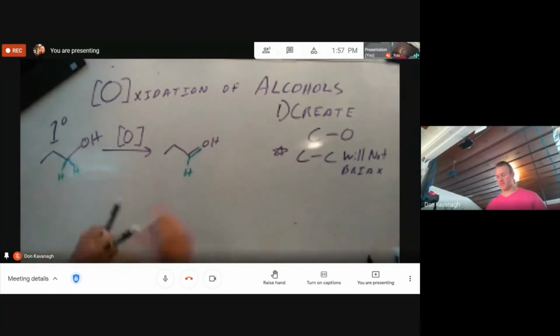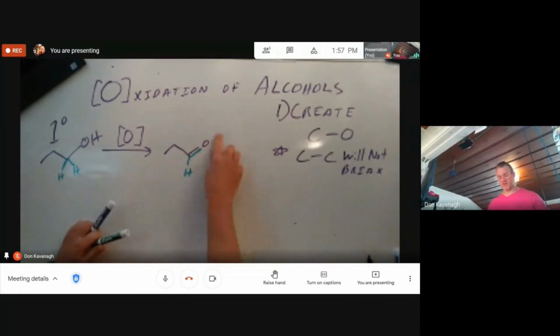We're just now drawing it. So this carbon has its 4 bonds. This oxygen here has 1 too many bonds. We're going to get rid of this hydrogen here. So we created a carbon-oxygen bond, and made sure that no carbon-carbon bonds got broken. Carbon's bonded 4 times, oxygen's bonded twice.